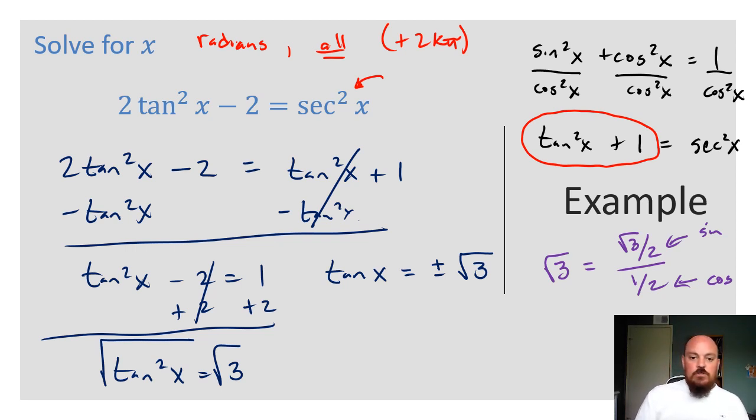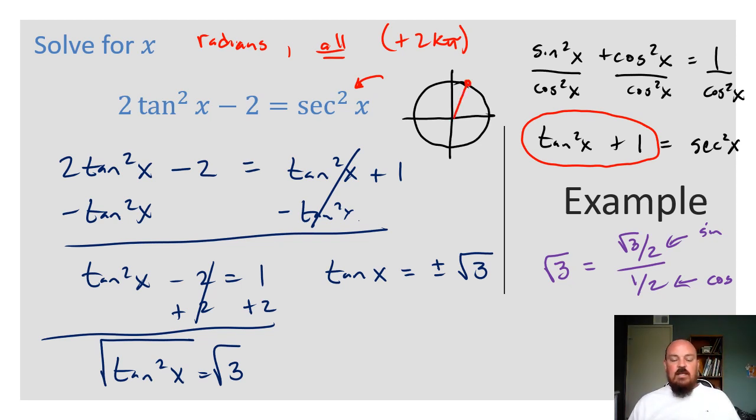So on the unit circle, we squeeze it in here, and one place would be right here. That's where sine is radical 3 over 2 and cosine is 1/2. So one of my answers is going to be pi over 3.